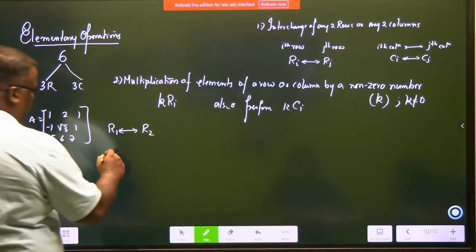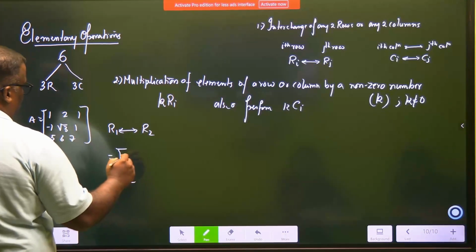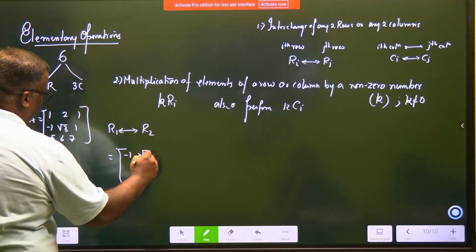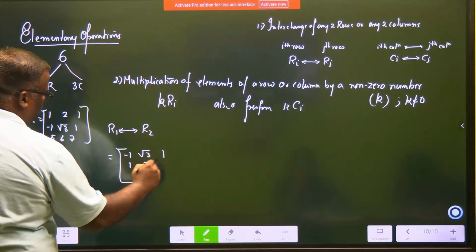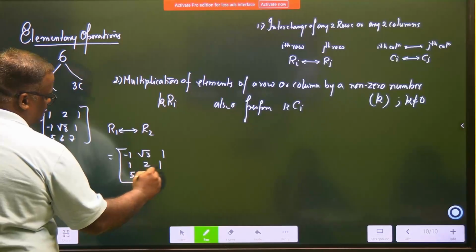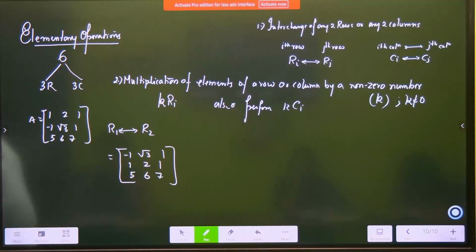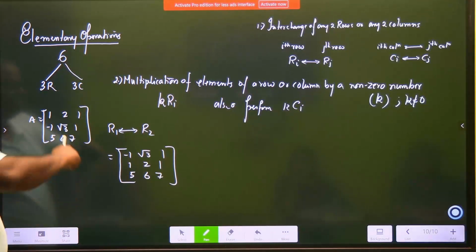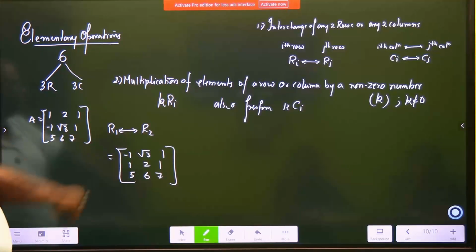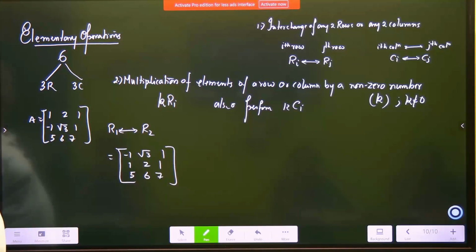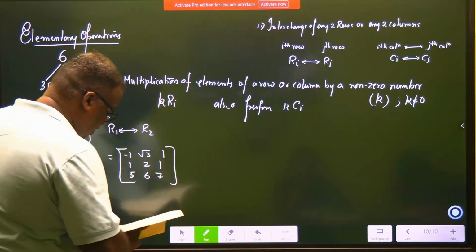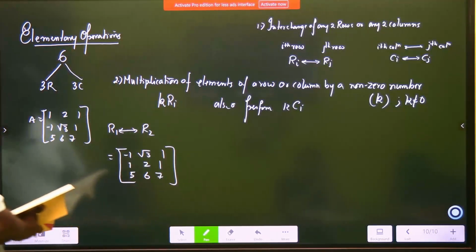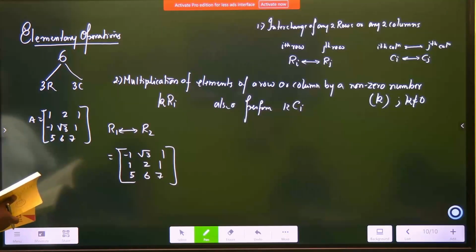After you do this operation, what should you get? You should get -1 root 3 1, 1 2 1, and 5 6 7. Is this understood? This was my matrix. I performed this elementary operation on it, that is, interchanging any two rows. Are we fine? Similarly, you can interchange any two columns also. If you want, you can do a column interchange also on this.